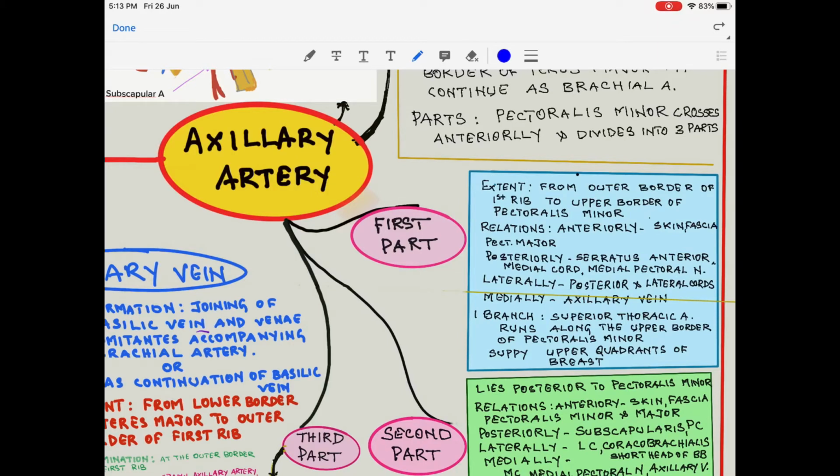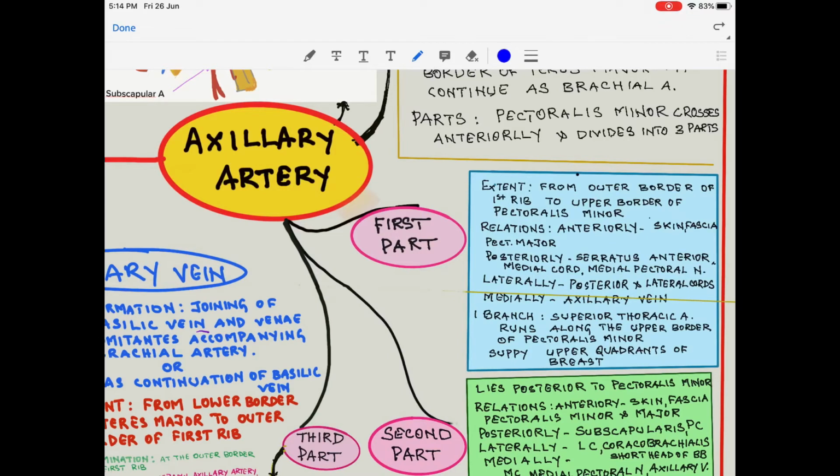The first part does not have the corresponding cords of their side, but the second part corresponds to the corresponding side of the artery. That means the lateral cord laterally, medial cord medially, and posterior cord posteriorly. And the third part of axillary artery is related to the respective branches of the cords. So that is how it is related to the brachial plexus parts.